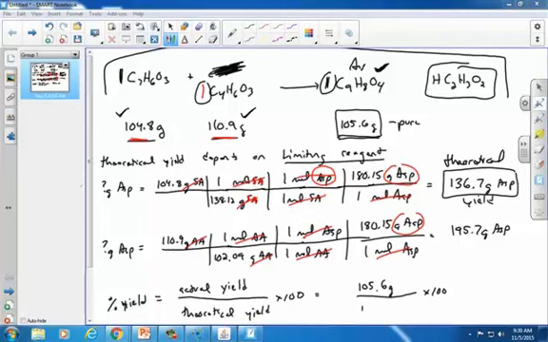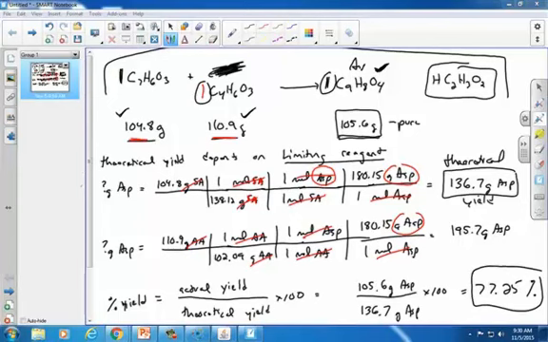And that's what I put down here in my percent yield formula. That is the amount of aspirin I actually got divided by the maximum amount of aspirin possible. I divide that and multiply by 100, and I get 77.25%.